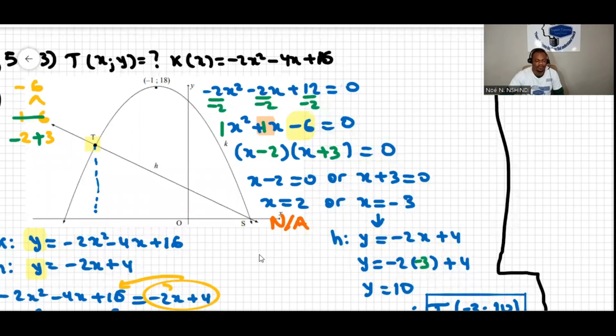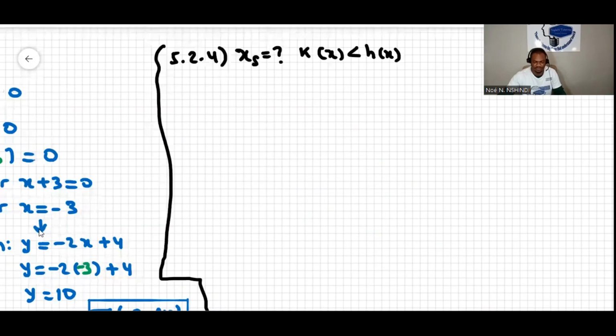So now in which interval is k of x lesser than h of x? Okay, maybe I just need to reproduce the same diagram over here.